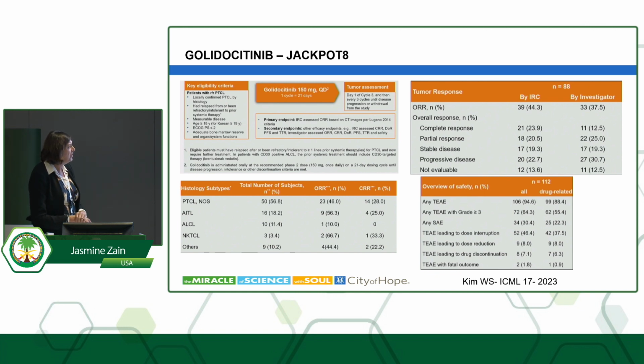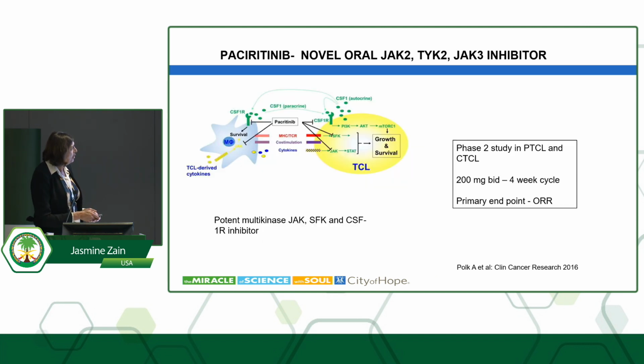Here you see response rates of about 50 to 55%, which is, again, quite impressive. And the toxicities are actually better than the PI3 kinase class of agents, mostly hematologic toxicity. So again, I think these are all interesting and potentially promising agents as well.